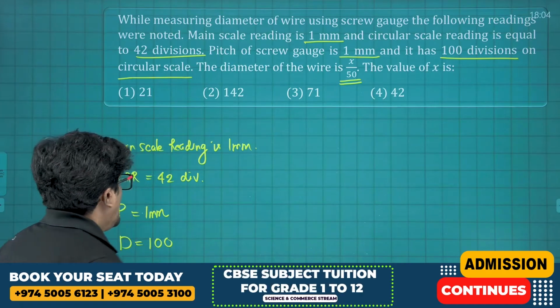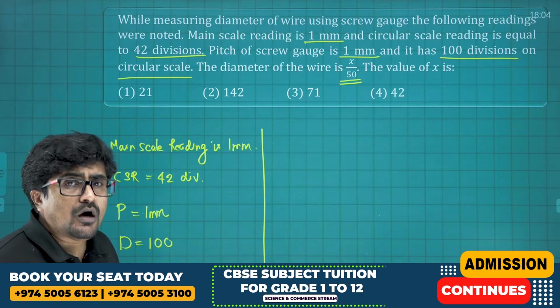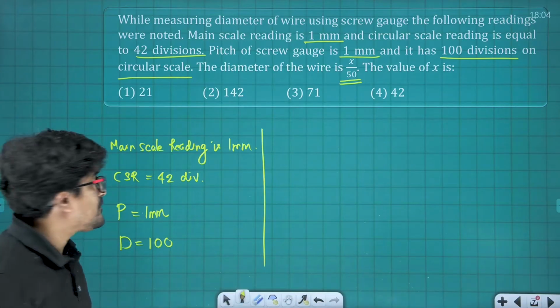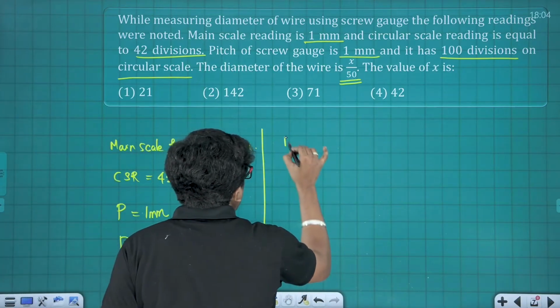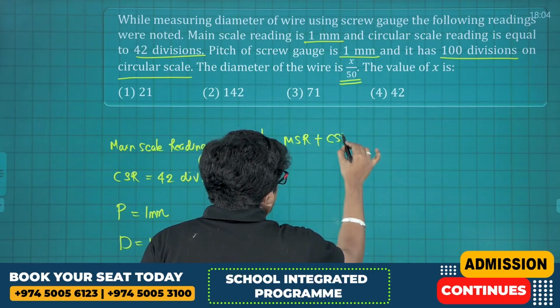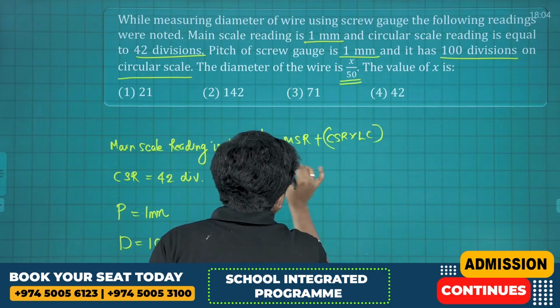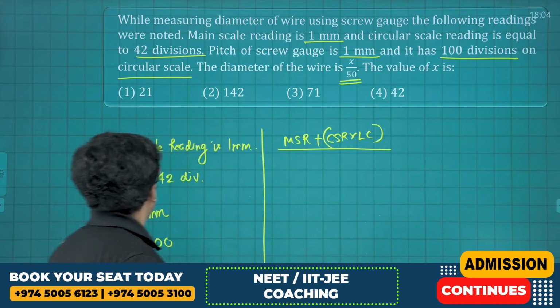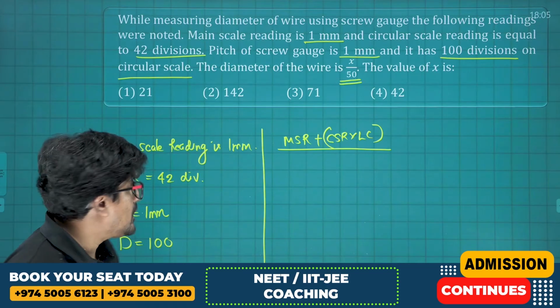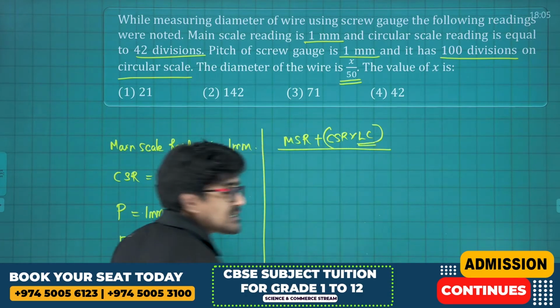Now the diameter of the wire is x by 50, then the value of x is, that is the question. So with the given data, first of all we must know how to take the final reading. It's going to be main scale reading plus circular scale reading into least count. This is how we take the final reading. Now to go ahead we must know what is least count.